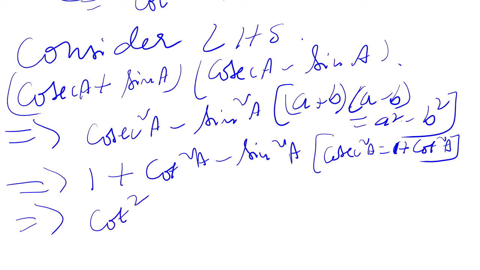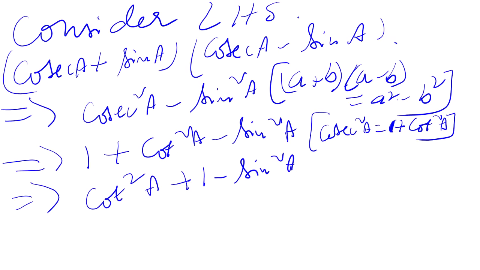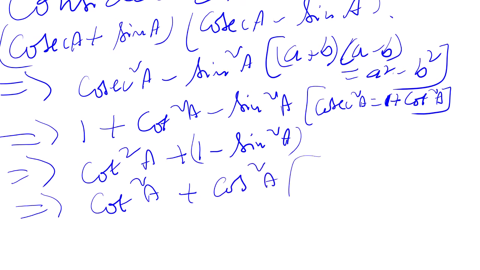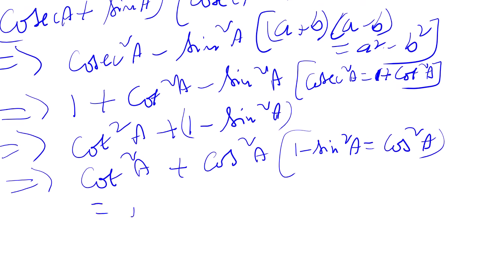now this can be written as cot square A plus 1 minus sine square A. Just I have rearranged the position. Okay. So this implies cot square A plus this 1 minus sine square A is cos square A. 1 minus sine square A is cos square A. And this is equal to RHS.